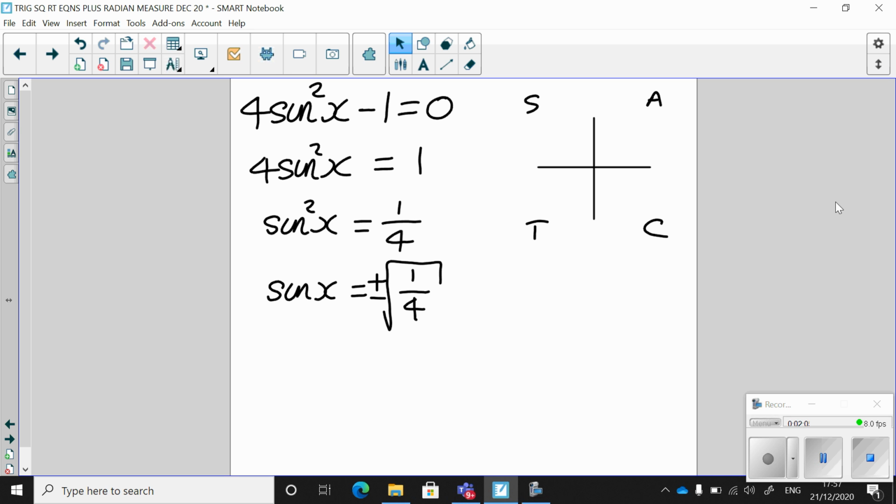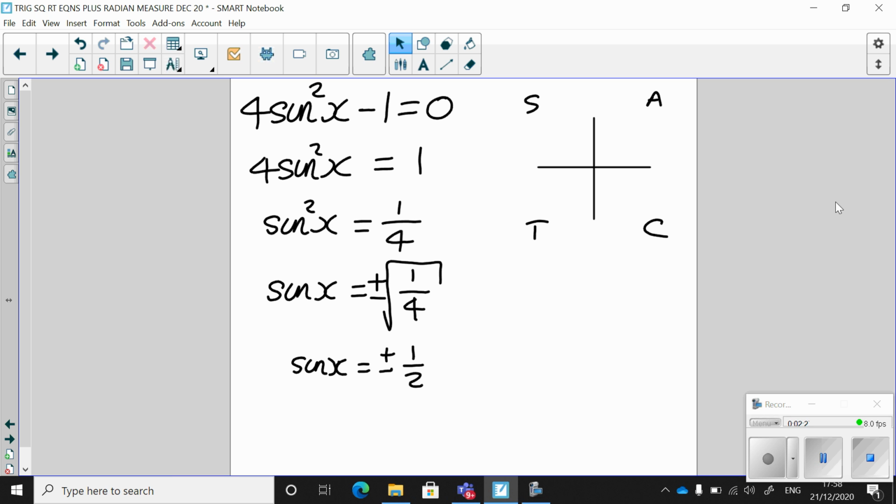Positive square root of a quarter or negative square root of a quarter. Right, let's actually take the square root of a quarter. Your calculator would give you, well, square root of 1 at the top is 1, square root of 4 on the bottom is 2. So that's positive or negative 1 over 2.